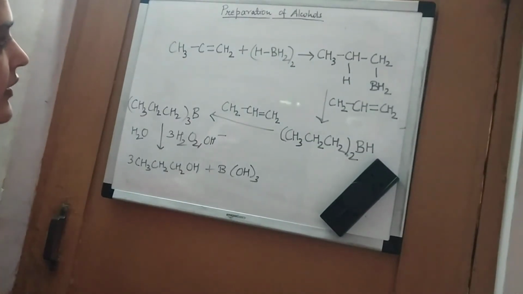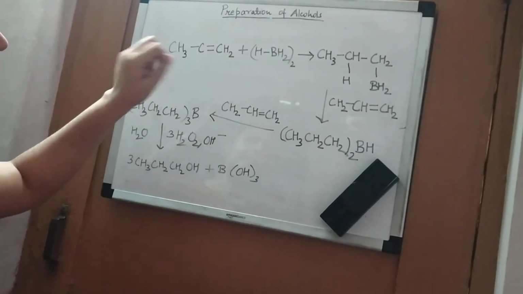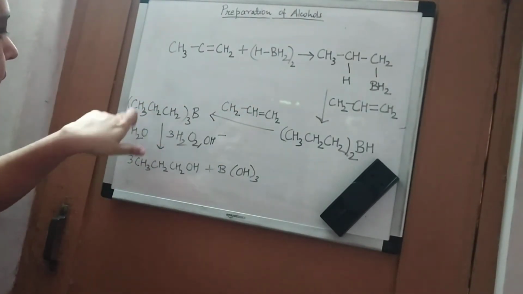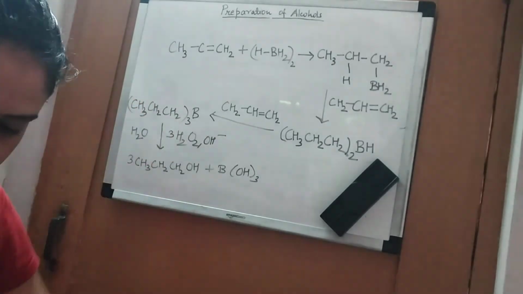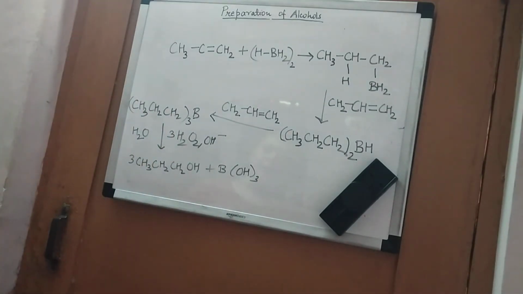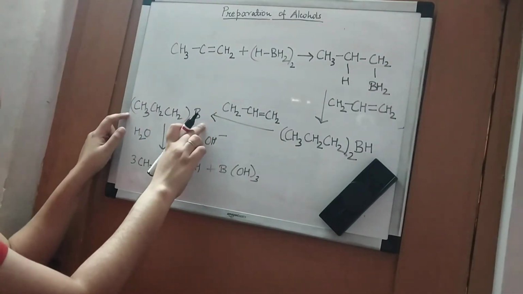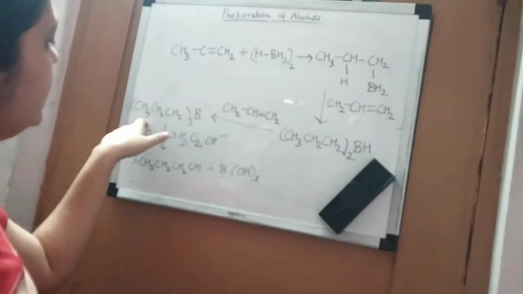So when we react the diborane with alkene, what do we get? We get a trialkyl borane. This is the trialkyl borane. Now how do we reach here?